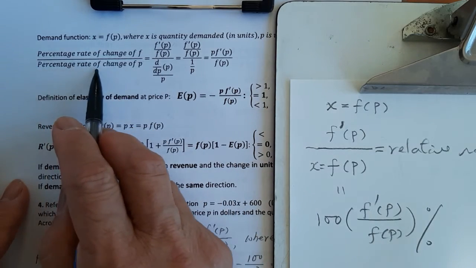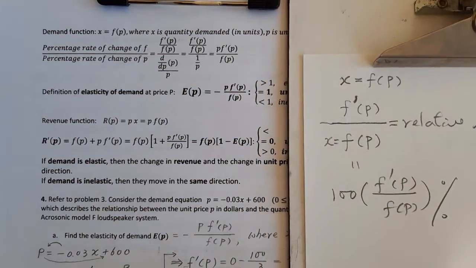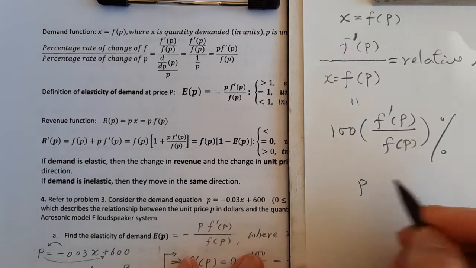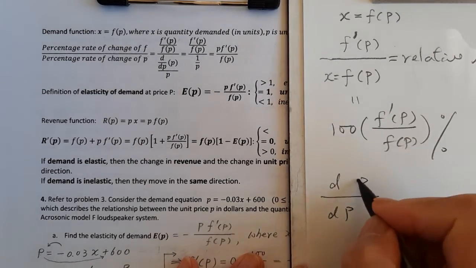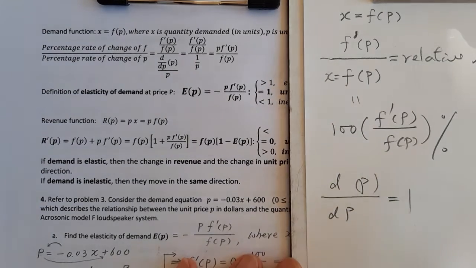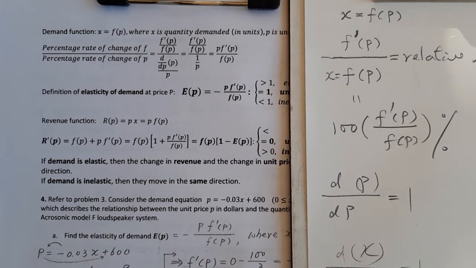divided by the percentage rate of change of p. P is the price. For this price, you take the derivative with respect to p, which is just 1, just like taking the derivative with respect to x. Now the variable is p.